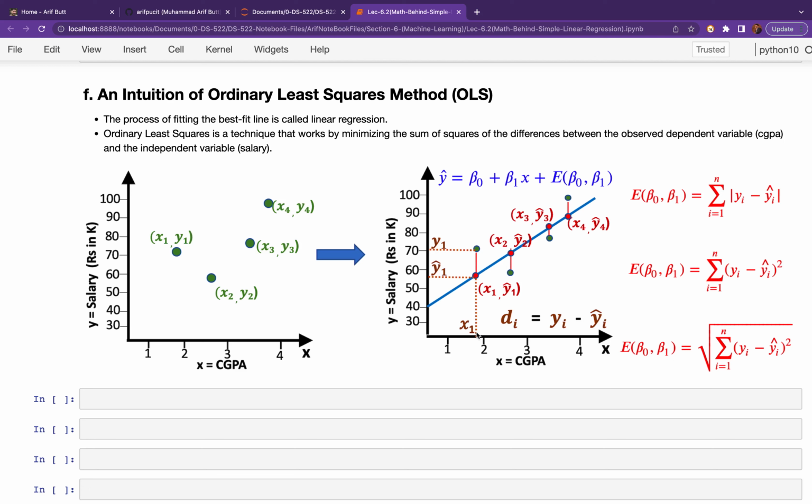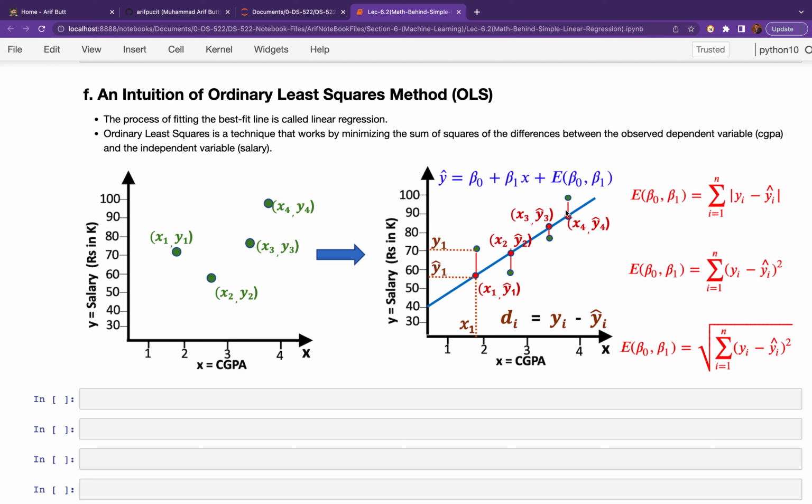So for x1, the residual error is y1 minus y1 hat, this distance shown in red color. Similarly, for x2, we have the residual distance. We have residual distance for x3, and we have residual distance for x4, for all the 4 points. We can sum these residual errors for all our data set.